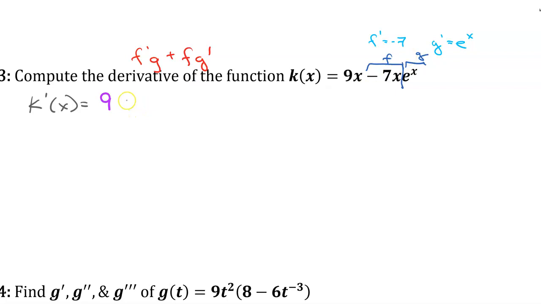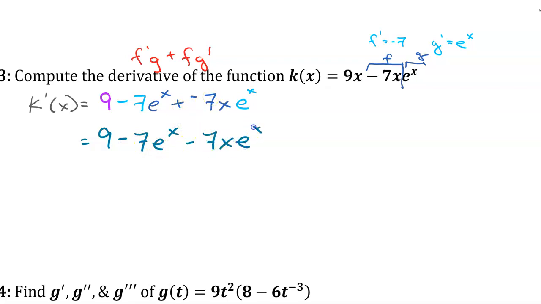So we have f prime is minus 7 times g plus negative 7x for the f times g prime e to the x, and simplify. There's not much to simplify, is there? But we can do this. Negative times a positive is a negative. So there we go. Okay.